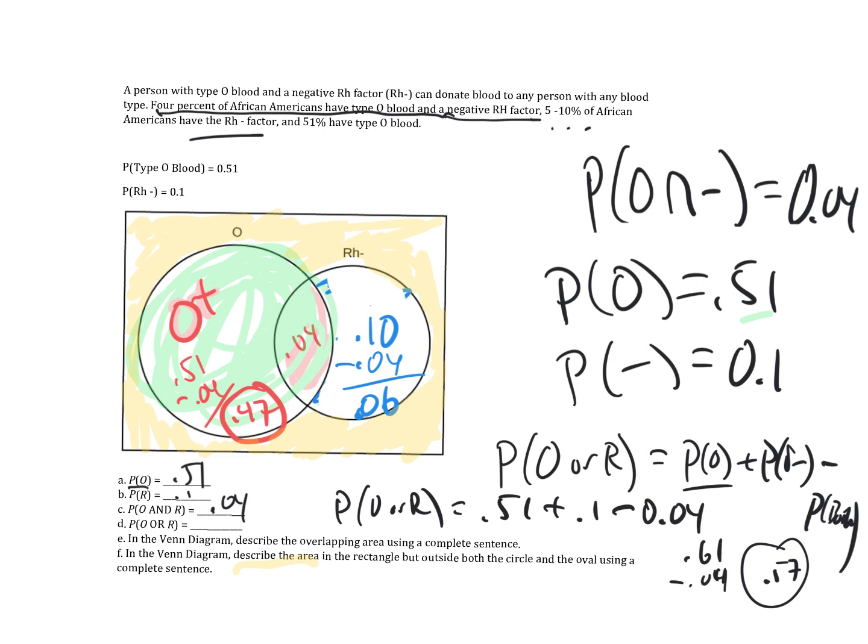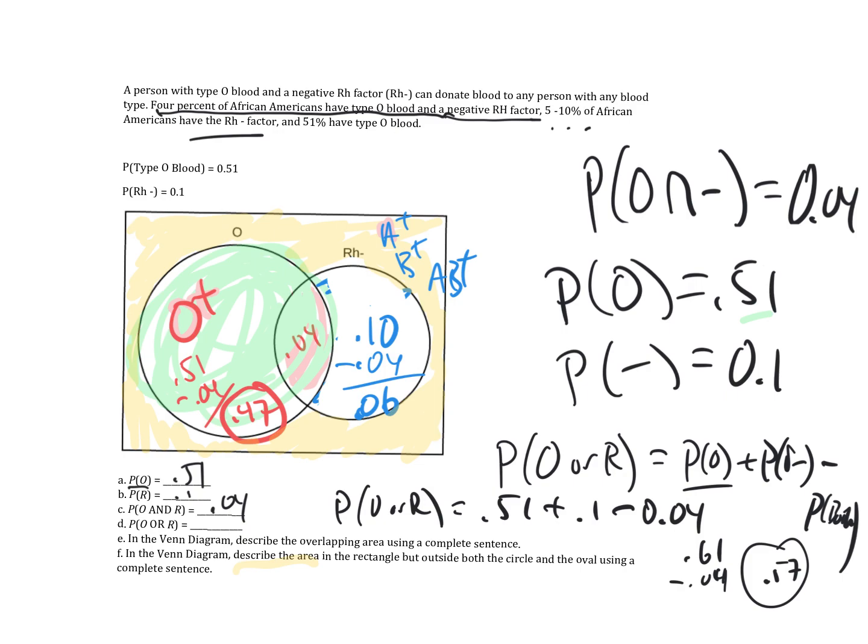Isn't it all the other blood types that have the positive Rh factor? So it's A positive people, B positive people, and AB positive people. That's what that would represent. So that works.